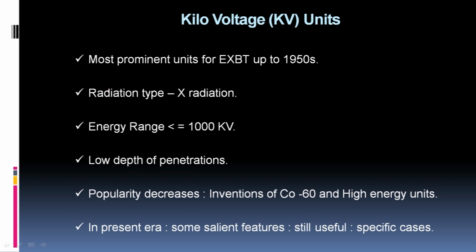The popularity of kilovoltage units decreased because of the invention of cobalt 60 and high energy units after the 1950s. Still in the present era, because of some salient features like their sharp dose fall-off and their ability to treat superficial targets or tumors, they are still useful, and these units are still used in some clinics for treatment of specific cases of malignancies.